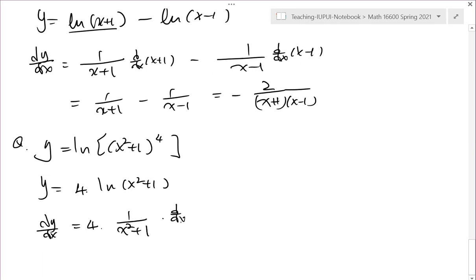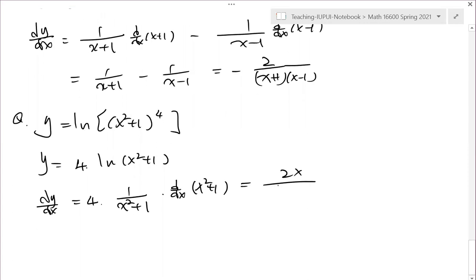Then you have to differentiate x squared plus 1. The derivative of x squared plus 1 will be 2x. And I have a 4 here over x squared plus 1. So after you simplify it, you will get x, yes.